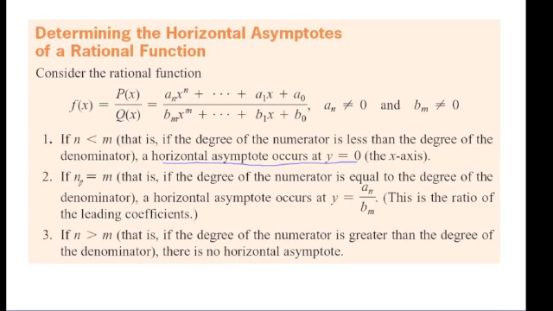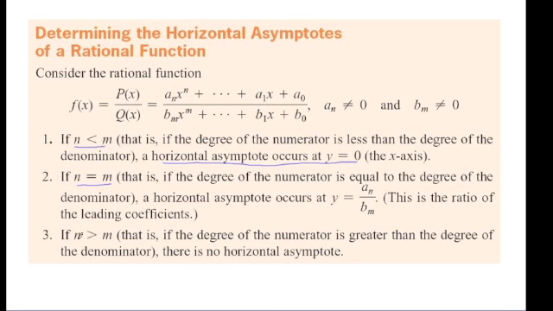If the powers, the degrees of the numerator and denominator polynomials, are both equal, then we have a horizontal asymptote at y equals the leading coefficient of the numerator over the leading coefficient of the denominator. It becomes y equals that fraction if it stays a fraction.